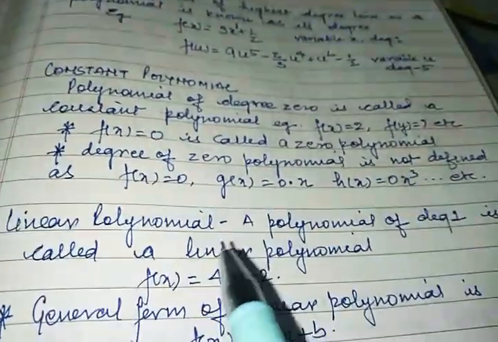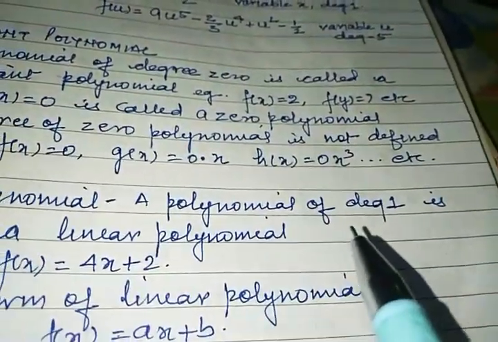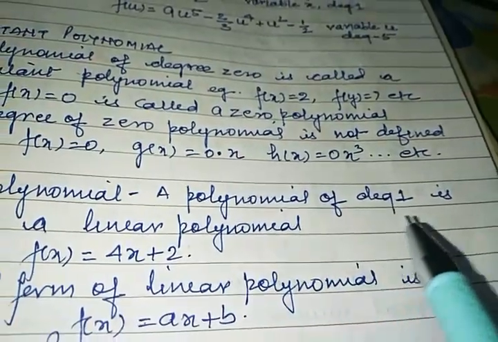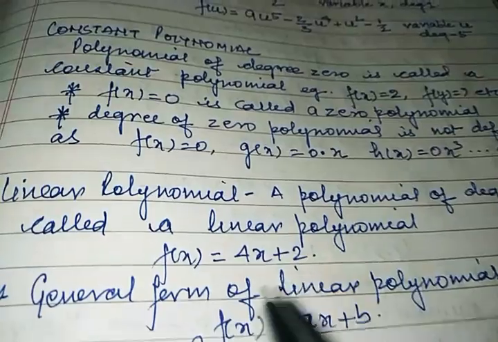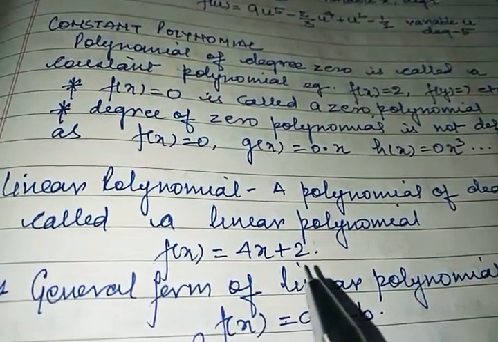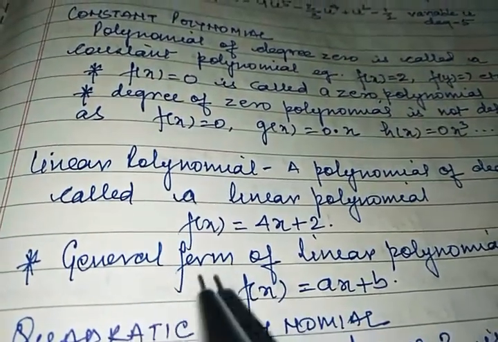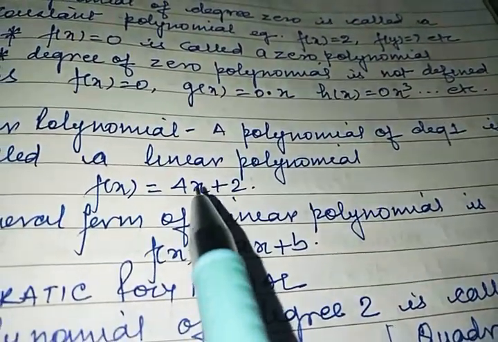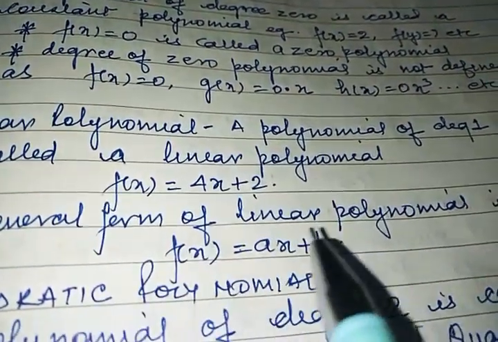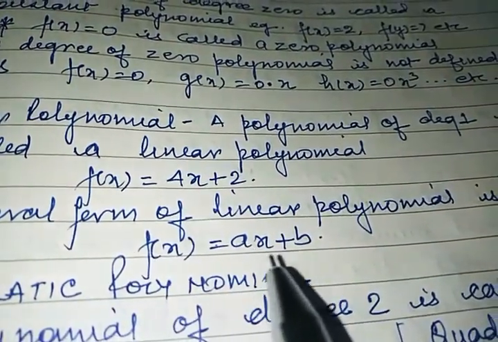Then the linear polynomial, a polynomial of degree 1. A polynomial of degree 1 is called a linear polynomial, where f(x) = 4x + 2. See the power is 1 here. The general form of a linear polynomial is f(x) = ax + b.